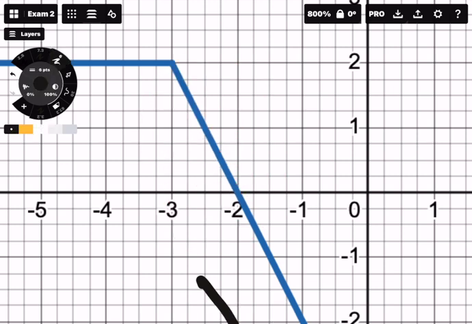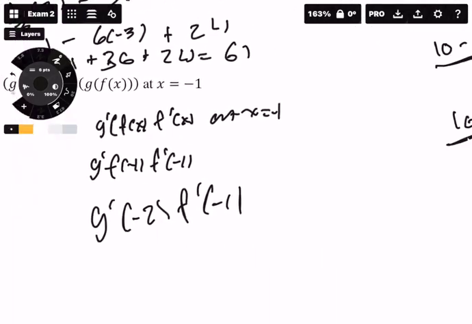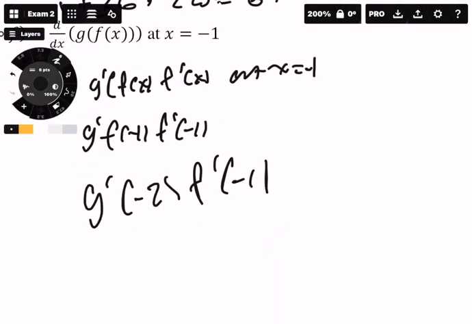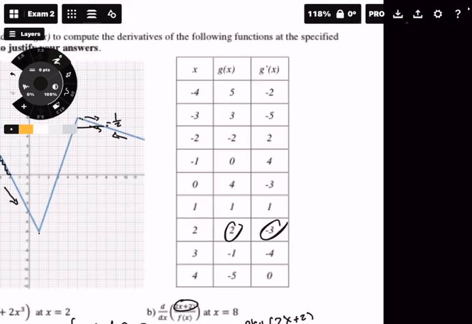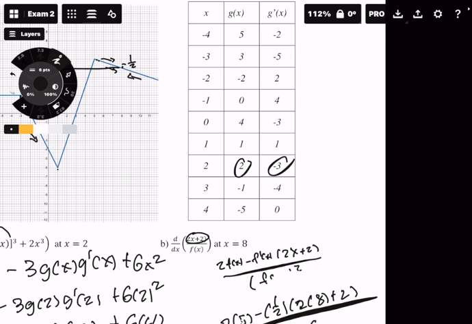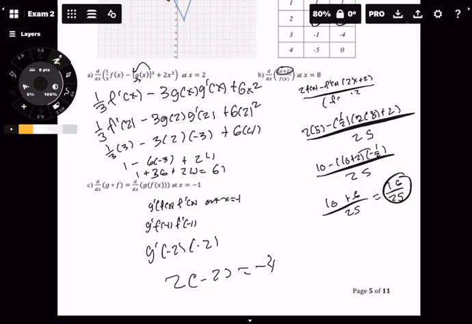As we can tell, 1, 2, 1, 2. So this is just going to be negative 2. So g prime of negative 2, where's negative 2? Right here, 2. So this is 2 times negative 2, which is just going to be negative 4. Okay, thank you.